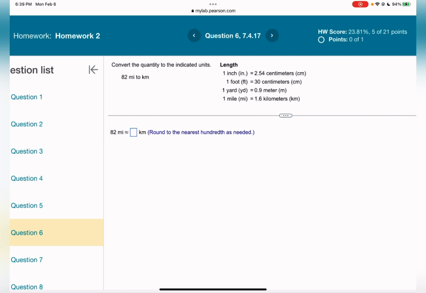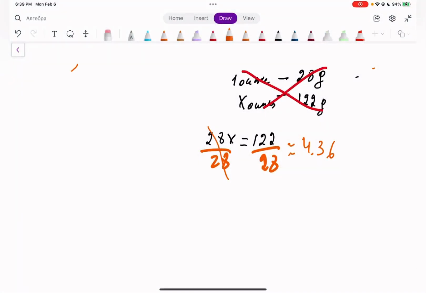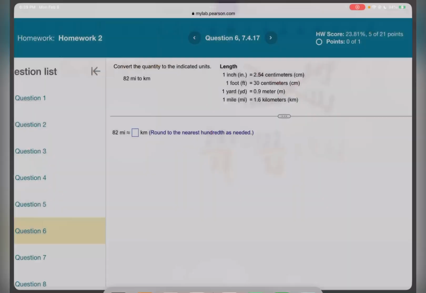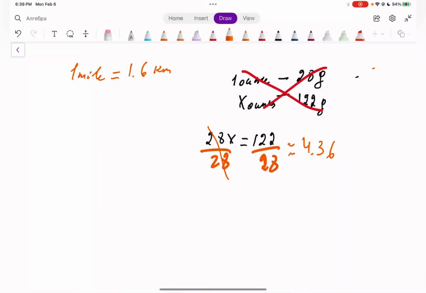We know 1 mile is 1.6 kilometers. Let's write it down. 1 mile is 1.6 kilometers, and we have 82 miles. I'm following the same method of proportion.